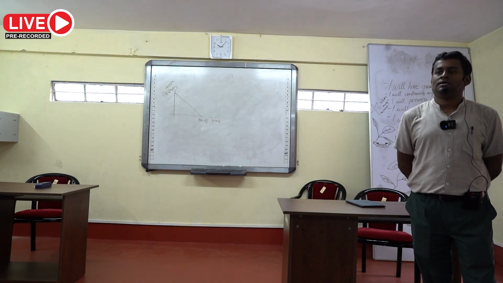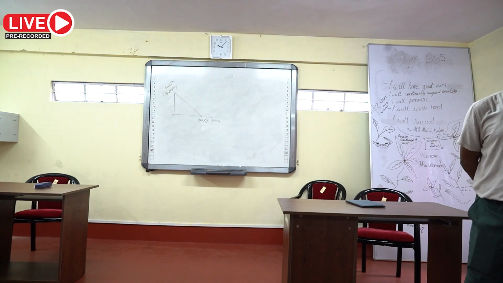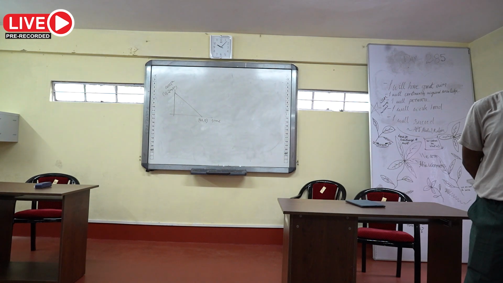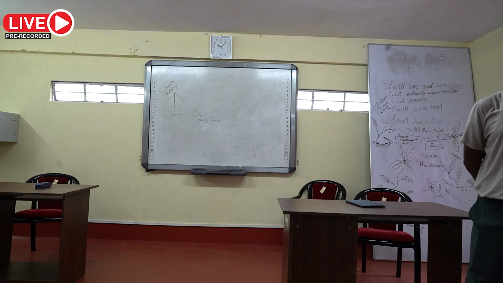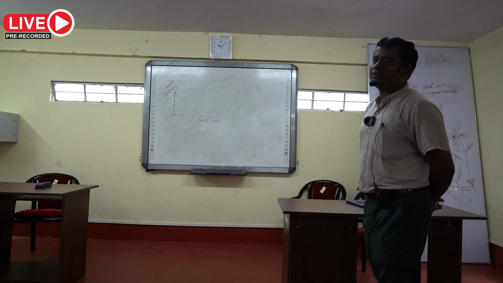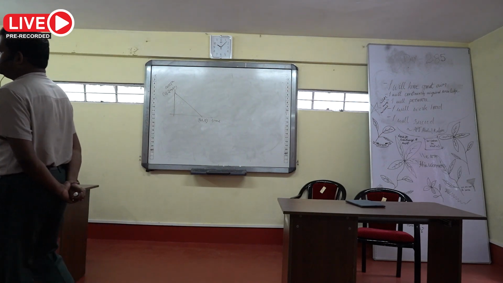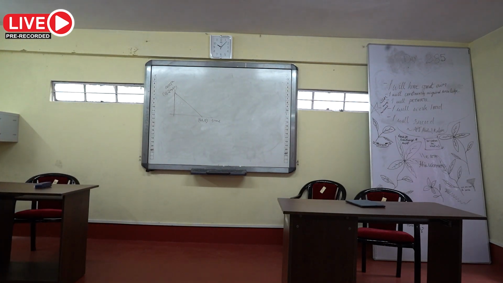And another point, area under velocity time graph represents displacement.